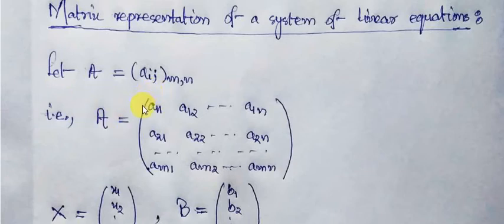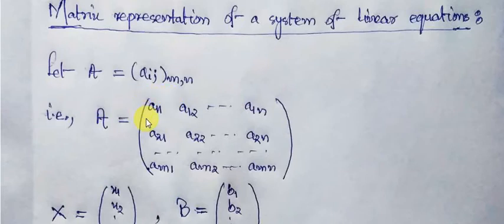The elements of this matrix: a11, a12, so on a1n, a21, a22, so on a2n, and am1, am2, so on amn. The entries of this matrix are the coefficients of the system of linear equations.